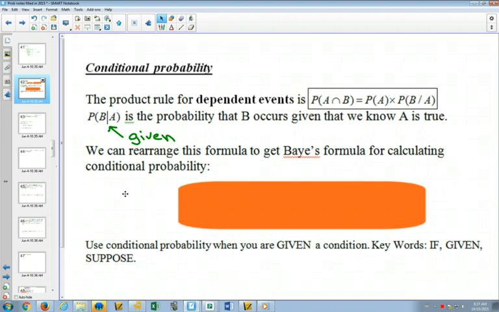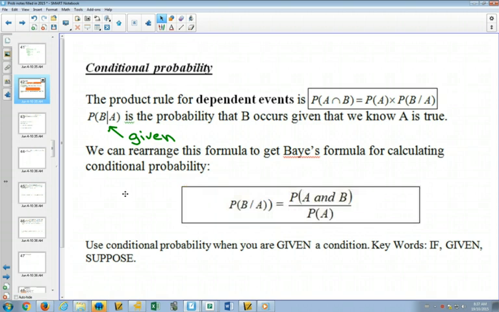Now, we get a special probability formula called Bayes' formula for calculating conditional probability, because sometimes we want to find out the probability of something given that something else has already occurred. If I pull out two cards and the second card I pull out is an ace, what is the probability that my first card was an ace?